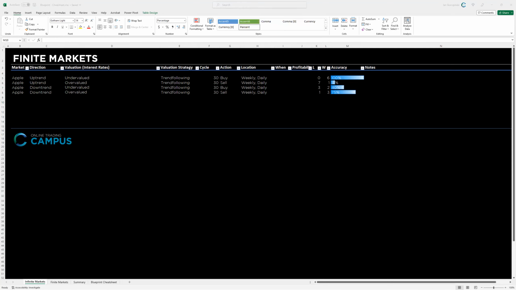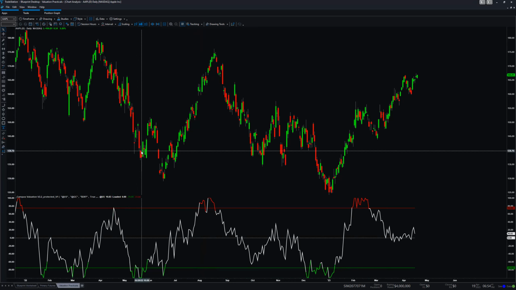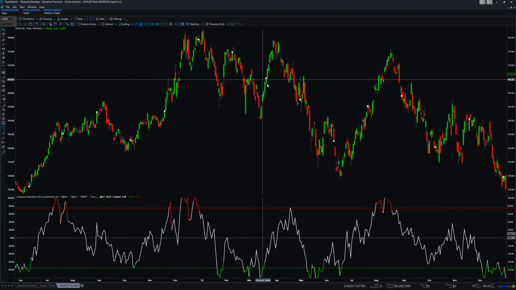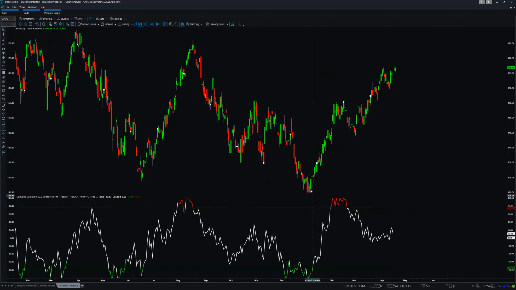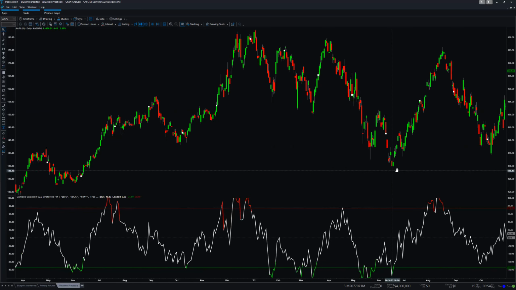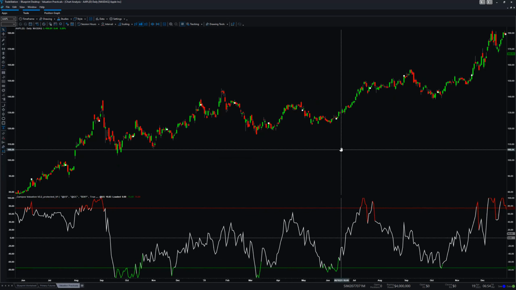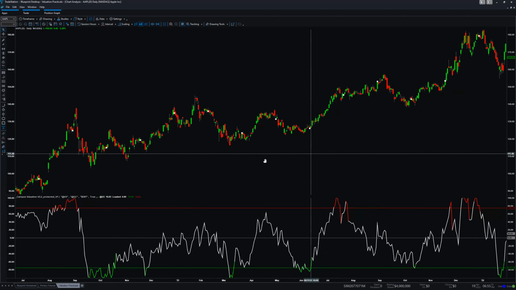So the question is really, what happens at these scenarios where maybe the overvalued starts to work, or maybe now the undervalued starts to work only here, or it starts to work only here? What is happening in terms of the valuation in those specific times, in those specific instances, right?